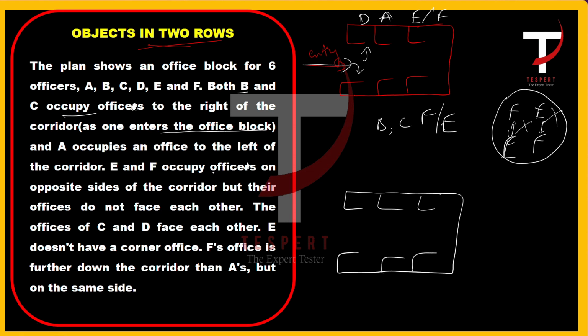Okay. So F's office is further down the corridor than A's, but on the same side. E doesn't have a corner office. So A and F must be on the same side.